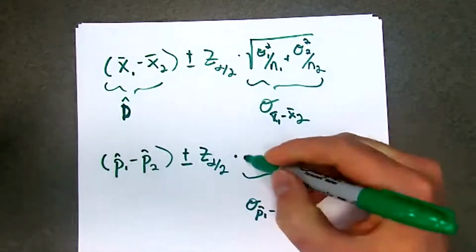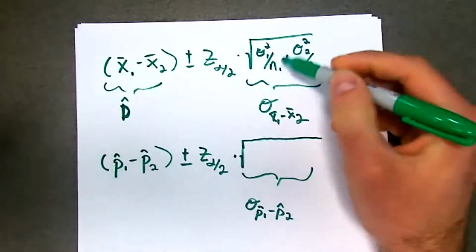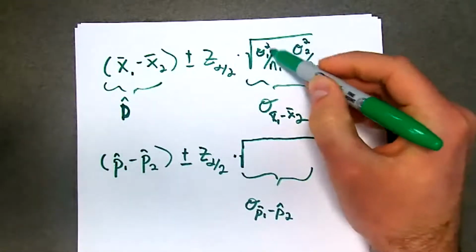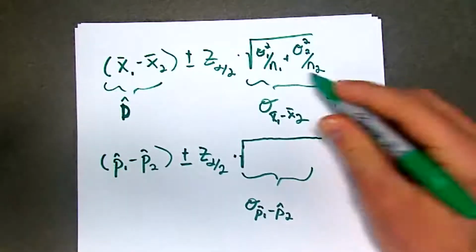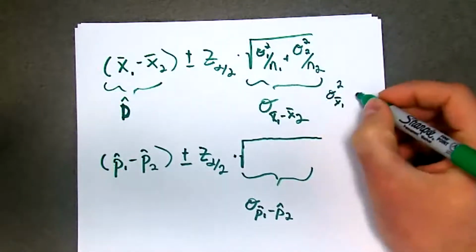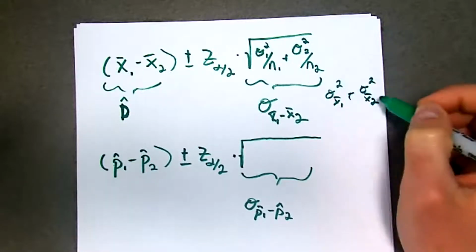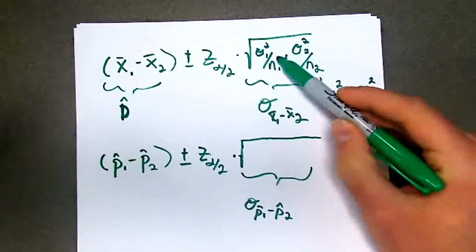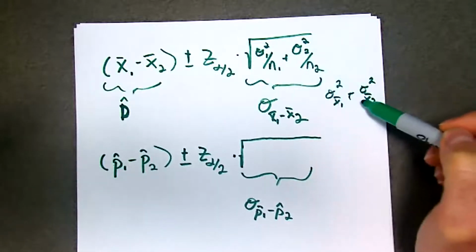Now what that's going to be, before, all I was doing was, this was the variance of my sample means, and I added that to the variance of the sample means of my other group, right?